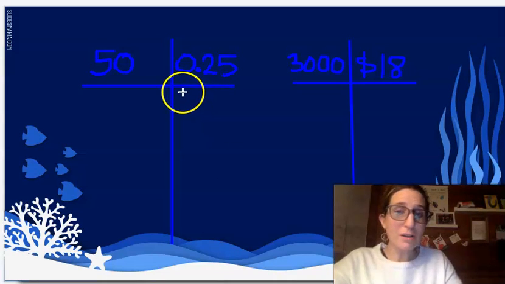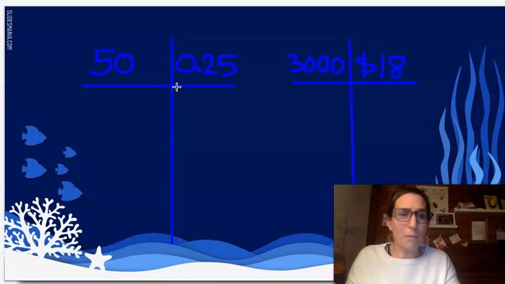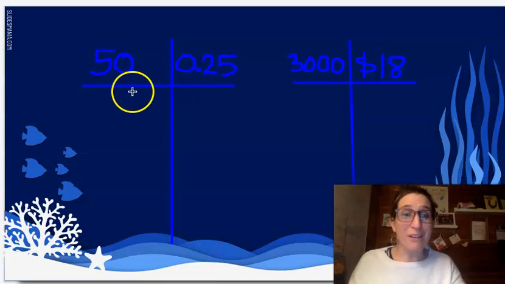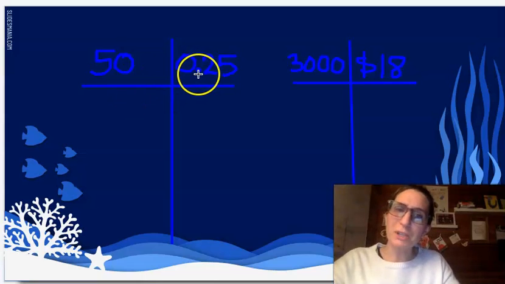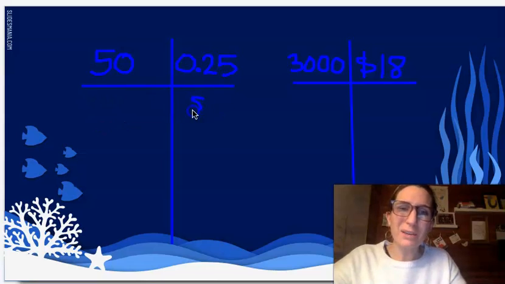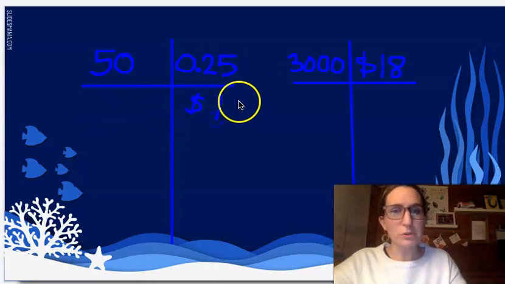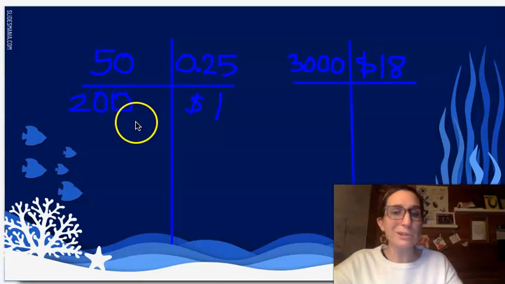So here we have Walmart. Let's figure out if 750 toothpicks at Walmart is a better deal, even though it would be a ton of boxes. So we have 50 toothpicks for 25 cents. That seems like a good deal. So I want to see what $1 would be. So $1 would multiply by 4 quarters in a dollar, and 50 times 4 is 200. So we know 200 toothpicks is $1.